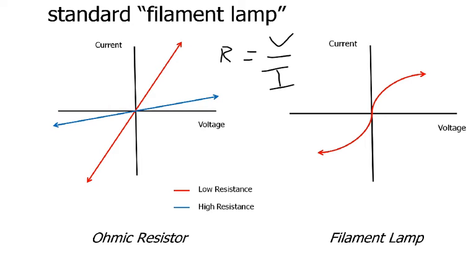This is actually a high resistance line. This line would be a resistor that has high resistance, and this one would be a resistor that has low resistance. So with high resistance, as you increase the potential difference, voltage gets higher and higher, you don't get that much more current, because the resistance is high, and resistance slows down the flow of current.